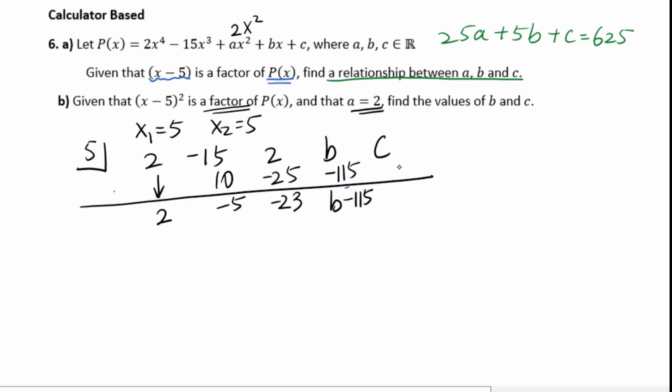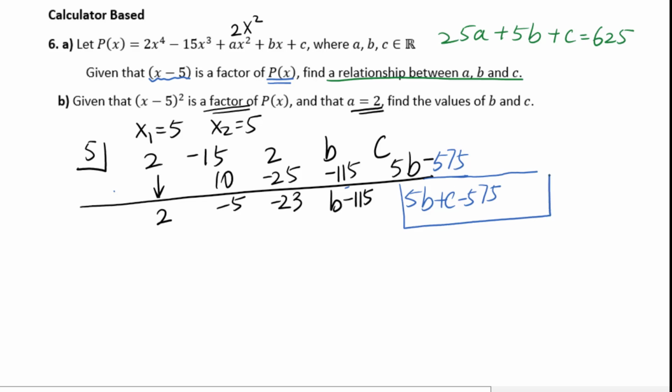Then multiply by 5, 5b. 5 times negative 115 will be negative 575. Add these two, 5b plus c minus 575. Since this is the remainder and 5 is the root, therefore this remainder equals 0.